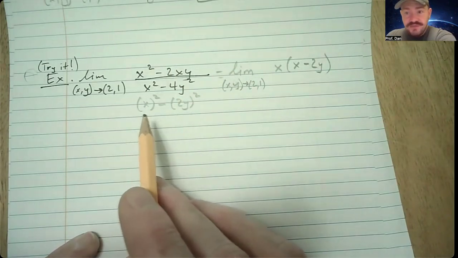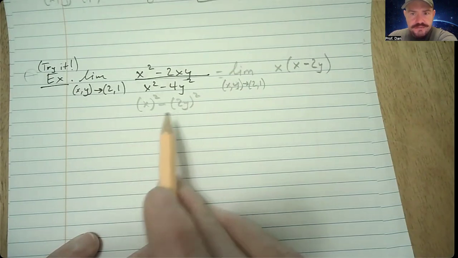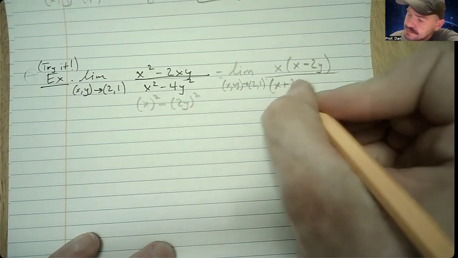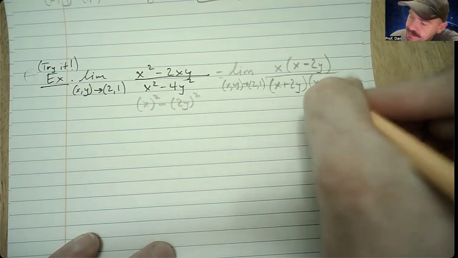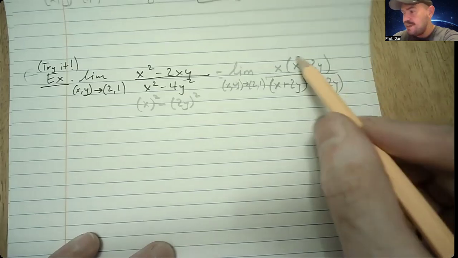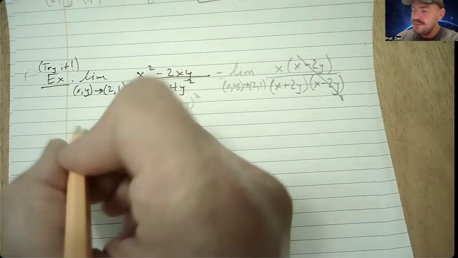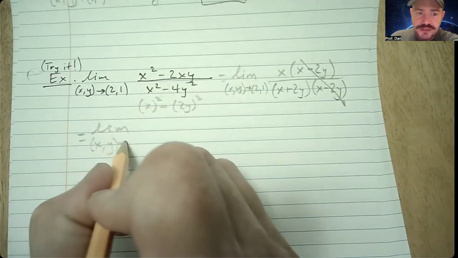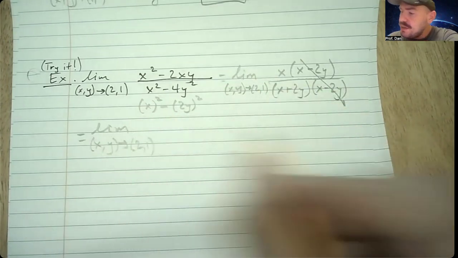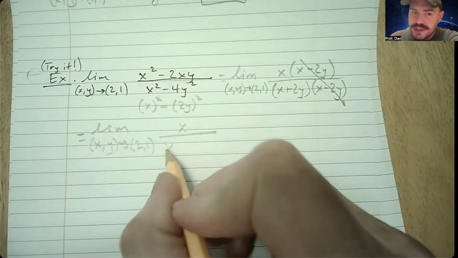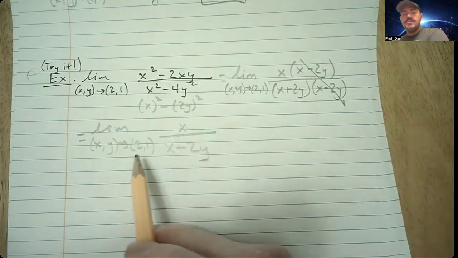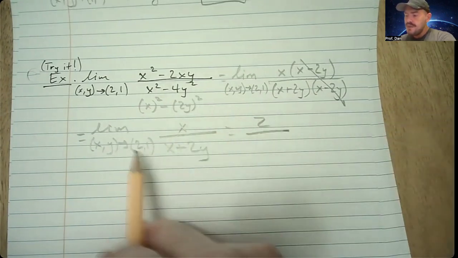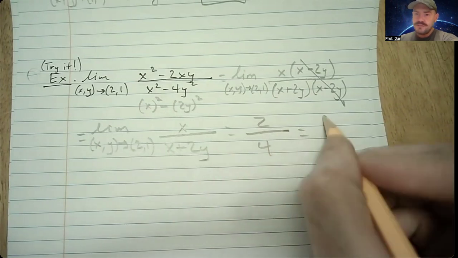So we can factor that as x plus 2y times x minus 2y. Then you have a common factor in the numerator and the denominator. So you're really just doing the limit as x, y approaches 2, 1 of x over x plus 2y. Now, if you go back and plug the numbers in, you get 2 over 2 plus 2, so 2 over 4. So the limit is 1/2.